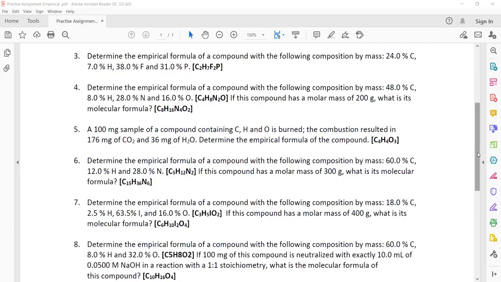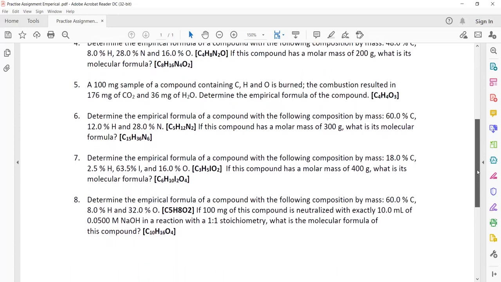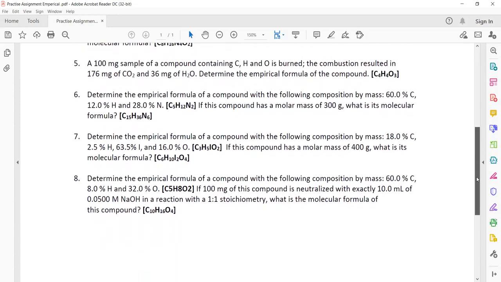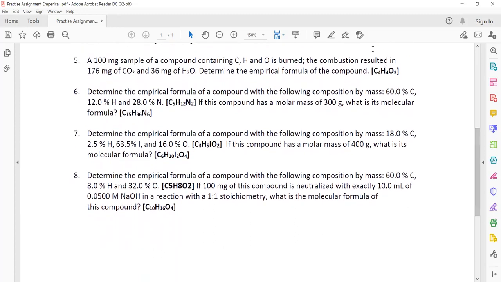Then question 5. Question 5 is a bit different compared to the other questions.